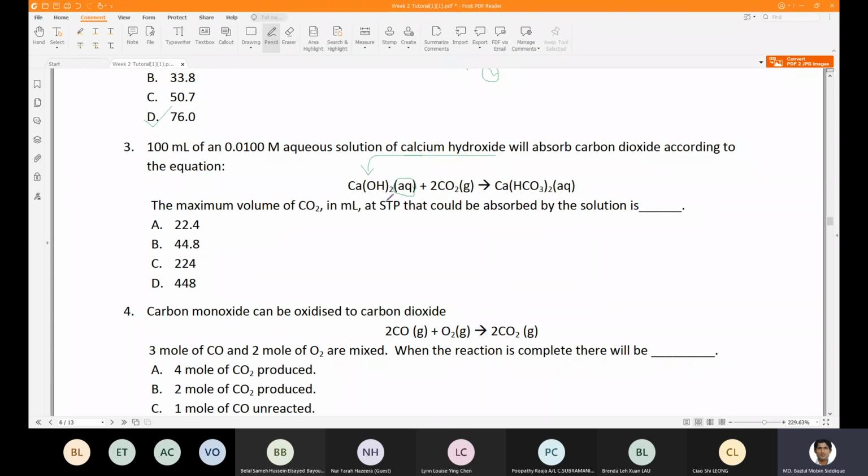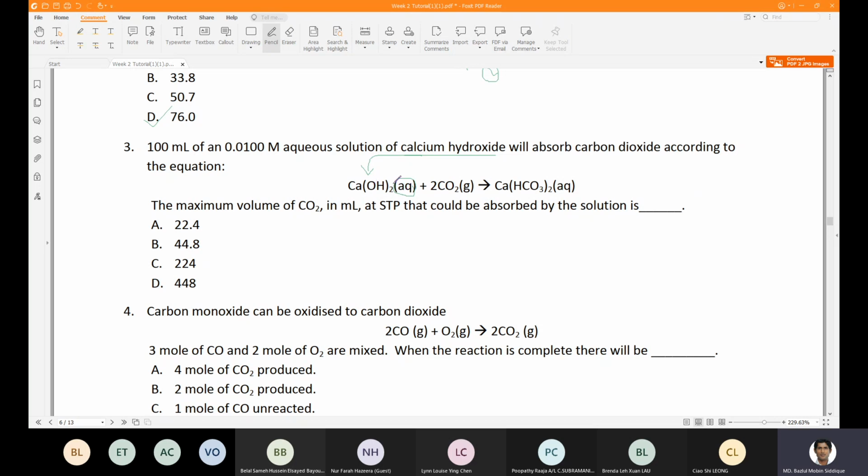When it is dissolved in water, it will absorb carbon dioxide from the air. This is maybe another good way to reduce carbon dioxide, because we have so many environmental problems now with carbon dioxide.